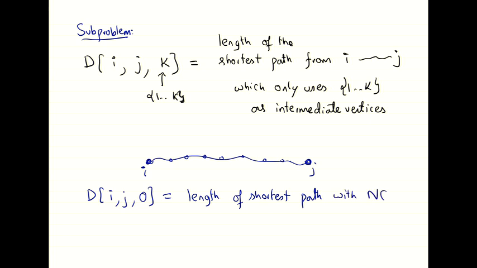That's what the definition is saying. d_ij0 is the length of the shortest path with no intermediate vertices. And we know what this is, right? It's going to be the length of the edge ij. Because if you're not allowed to use any vertex as an intermediate vertex, d_ij0 is just the length of the edge w_ij.